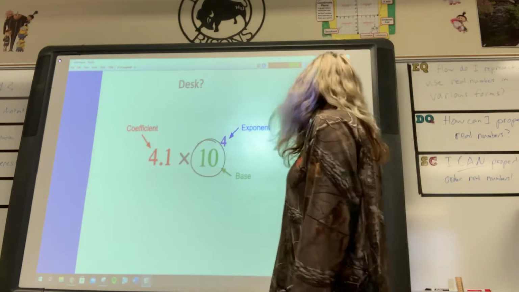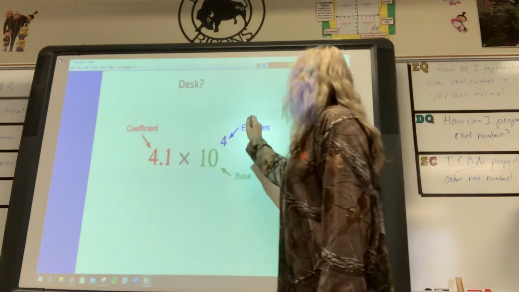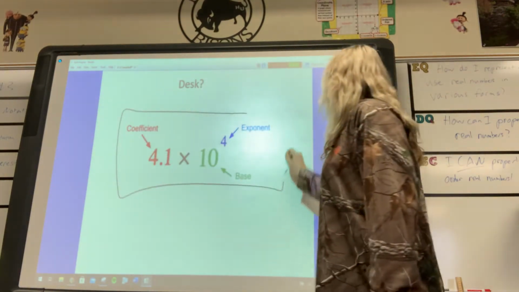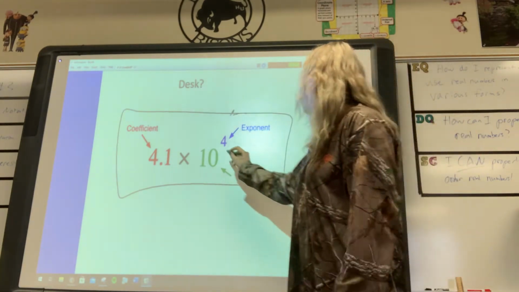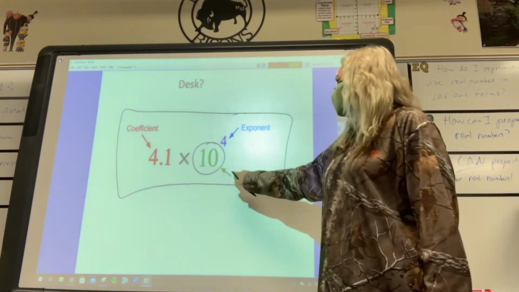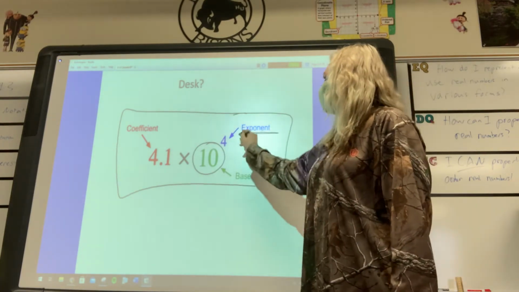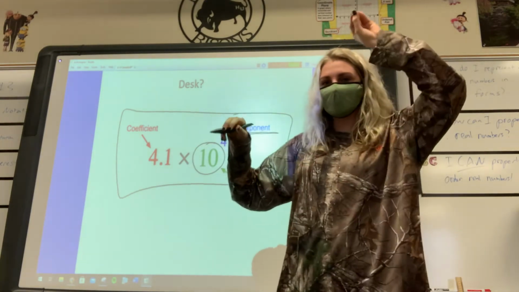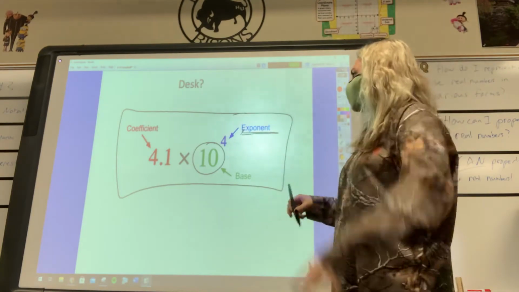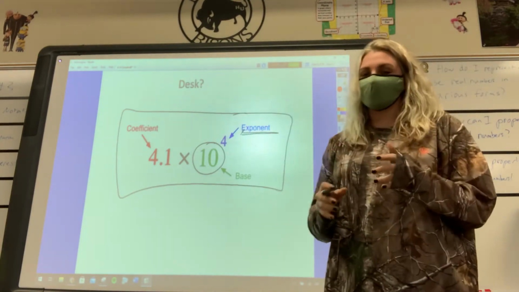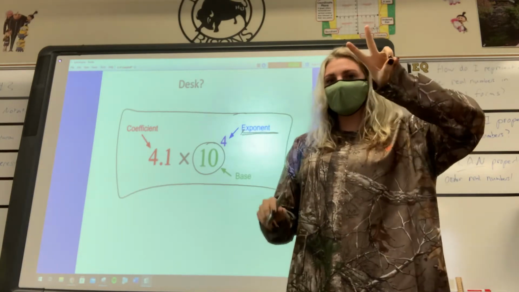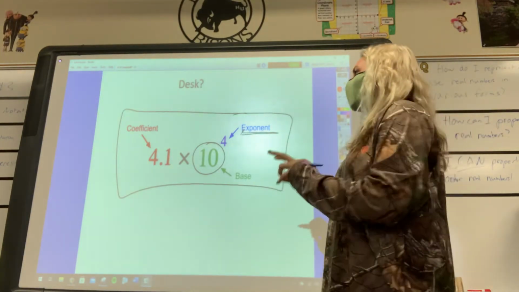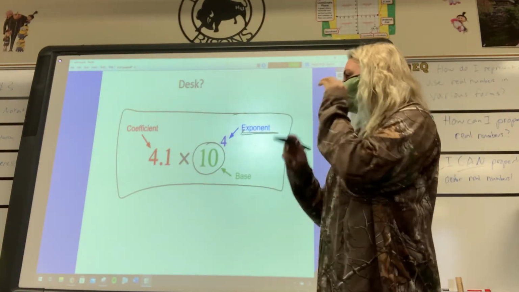It's the same thing we have going in scientific notation. So this here is a prime example of proper scientific notation. We have a base of 10. We have some sort of exponent, which is that little number off to the side of our base, and we have a coefficient. We now have two definitions of coefficients, and don't let that confuse you.